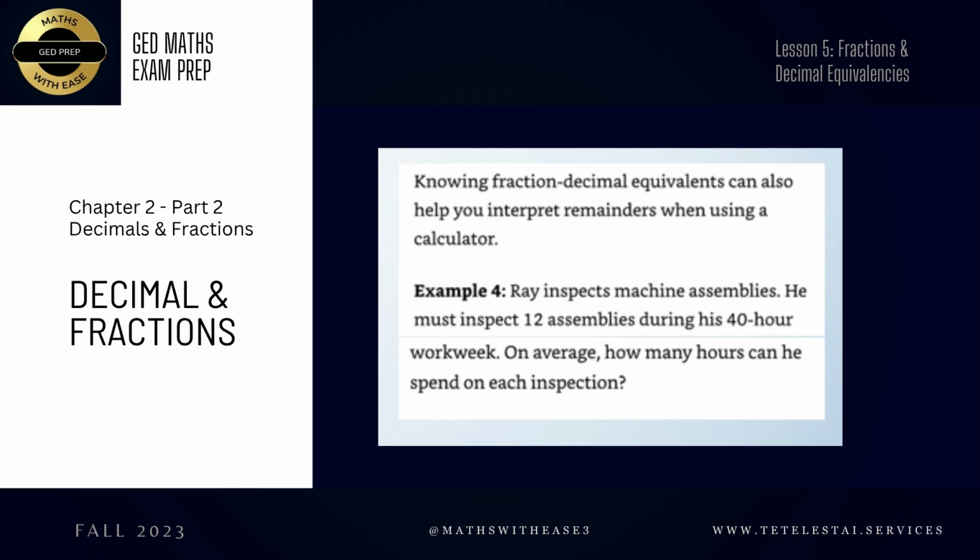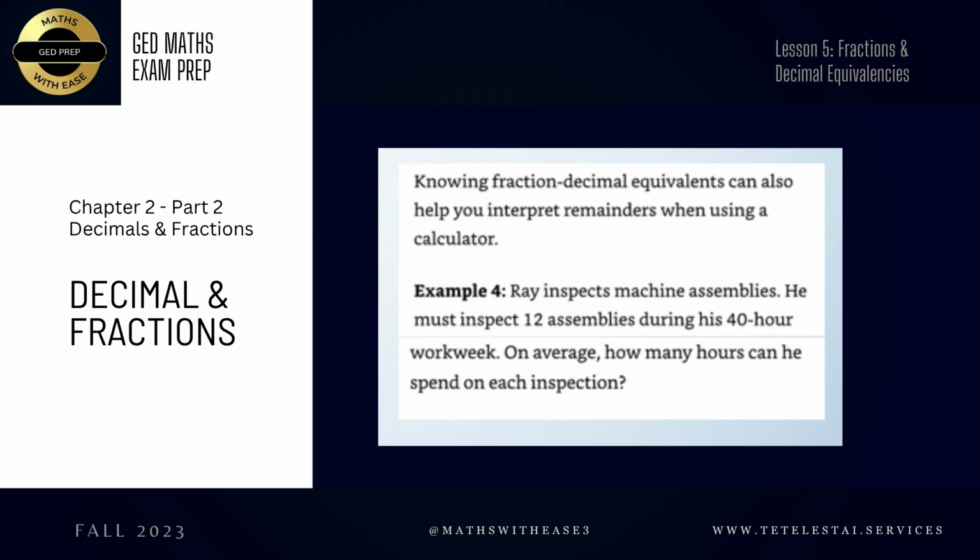So knowing fraction decimal equivalents can also help you interpret remainders when you're working with your calculator. So for example, Ray inspects machine assemblies, and he must inspect 12 assemblies during his 40-hour work week. On average, how many hours can he spend on each inspection?